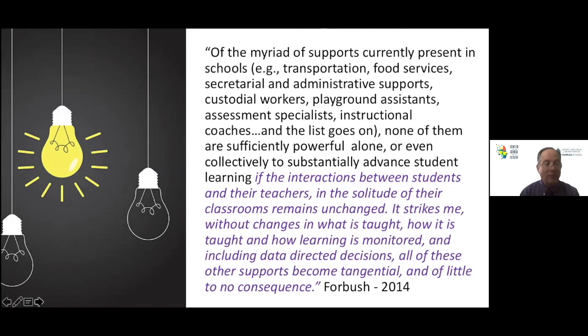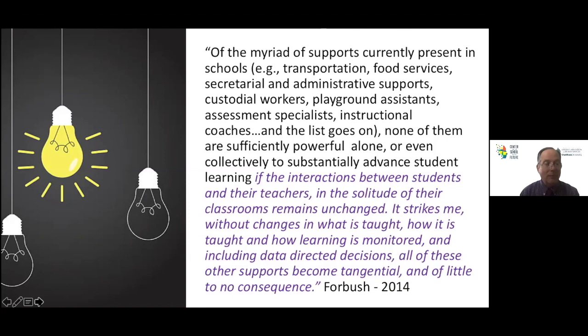So there it is. In my 30 years in education, I've watched all kinds of different programs and supports and systems be put into place, and all with the intention of supporting students in one way or another, and particularly in their learning. We have counseling programs and school psychologists and occupational therapists, physical therapists, speech language pathologists. We have all kinds of food services, busing.